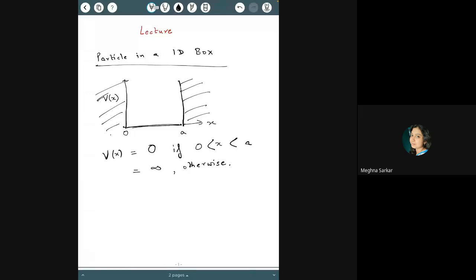Now when something cannot exist beyond a point, then its wave function can also not exist beyond that point, because the probability of finding it before 0, or beyond a, is 0. So these are called the boundary conditions. So for this problem, the boundary conditions are that psi(x) is equal to 0 for x less than or equal to 0 and x greater than or equal to a.